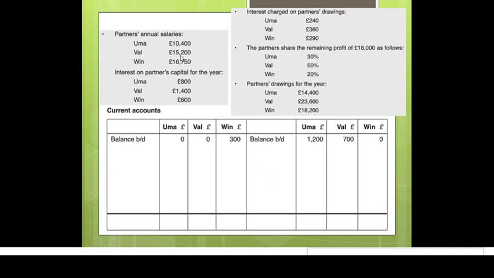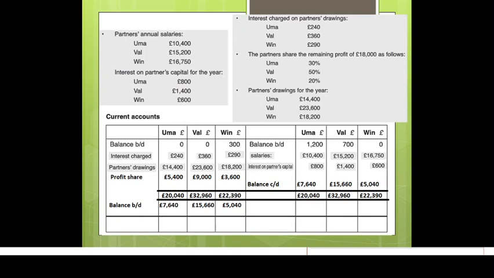You've got salaries that needs to go in, interest on capital, interest on drawings, profit share, and drawings for each partner. And again, all you need to do is for these figures, put them in, balance off the account. Okay, so feel free to pause the video and have a go at this question, and I will go through the answers with you now.